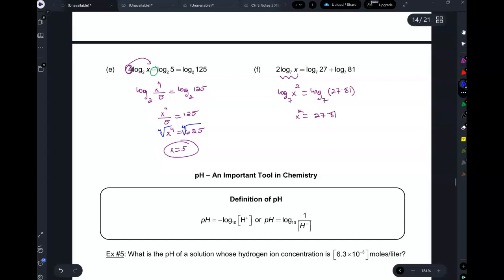But now look, I'm going to take a square root of this, aren't I? Which means x is plus or minus root 27 times root 81. Each of them comes out as a square root, right? So root 27, oh, that's a 3 root 3.